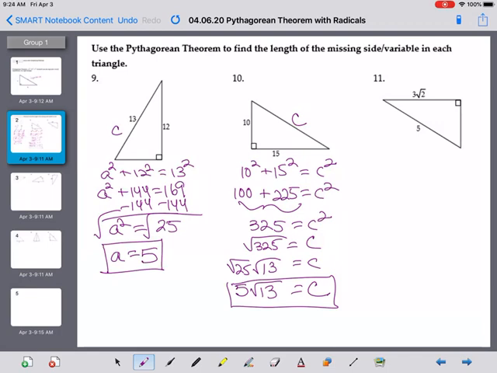Okay, now we'll go to number 11. This time we don't know one of the legs, so we could call it a or b. So we have 3 radical 2 squared plus b squared equals 5 squared. 3 times the square root of 2 times 3 times the square root of 2 is 9 times 2, which is 18.